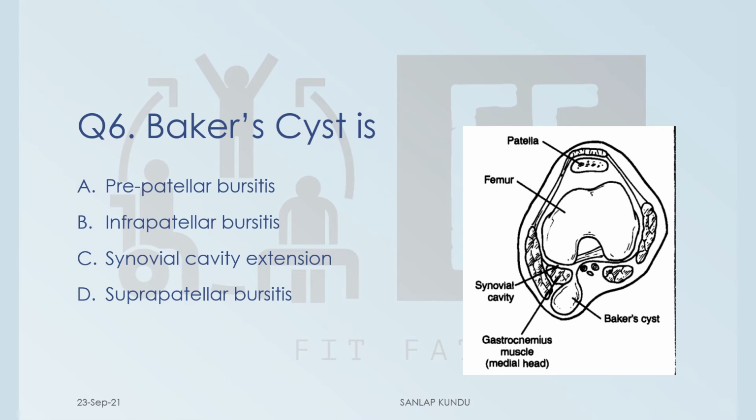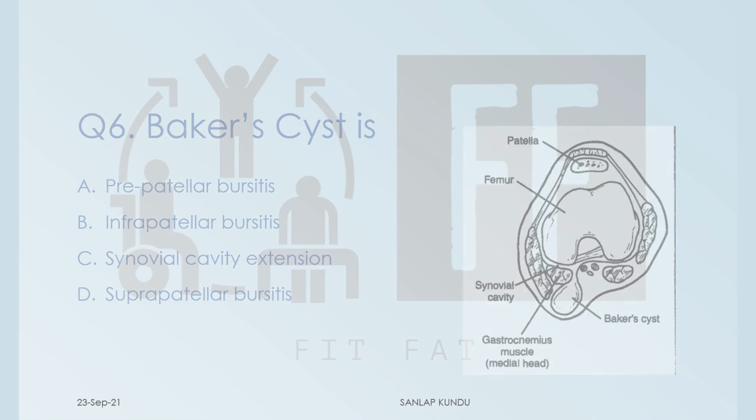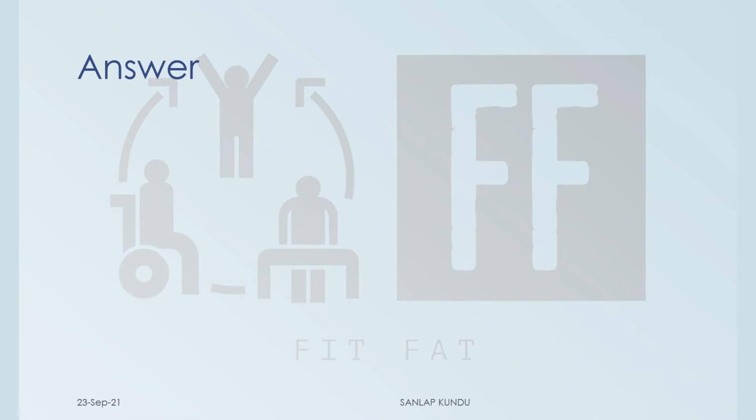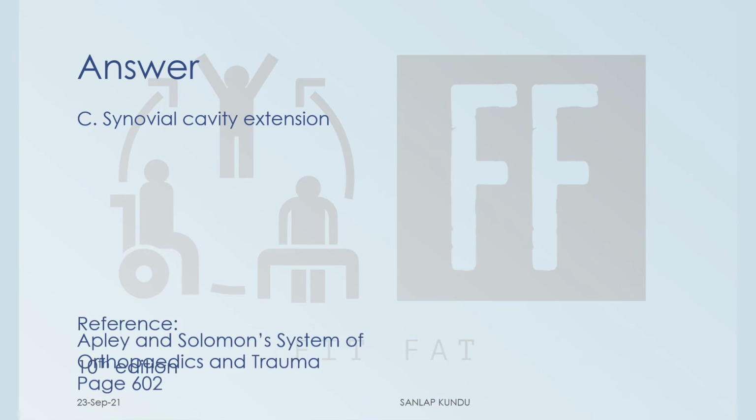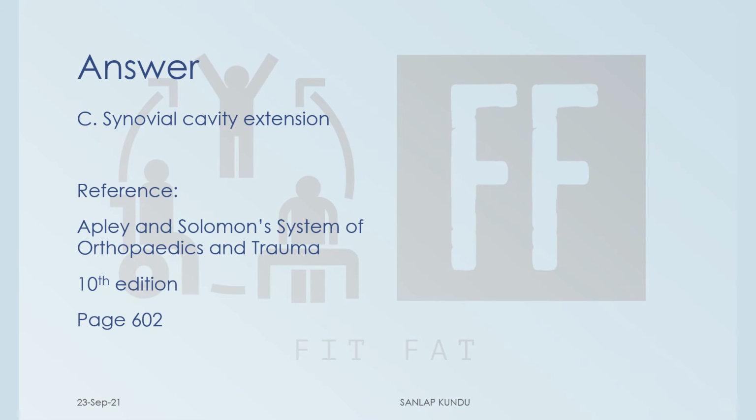Option D is suprapatellar bursitis, which again is not the answer. So our answer is option C, synovial cavity extension. To know more about this topic, you can follow the Apley and Solomon System of Orthopedics and Trauma, 10th edition, page 602.